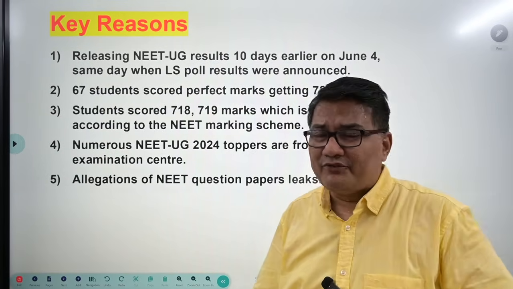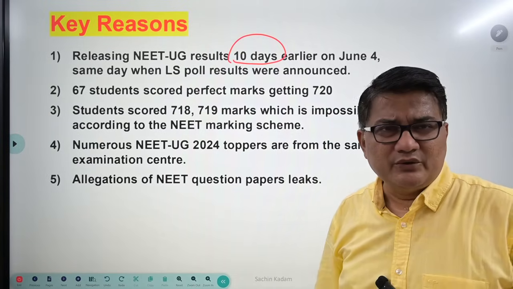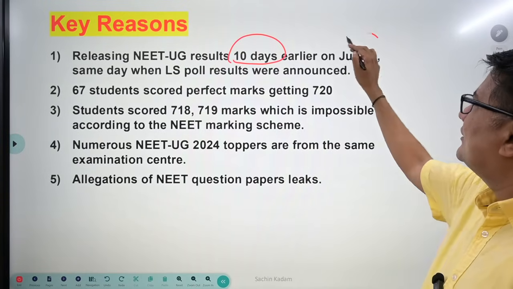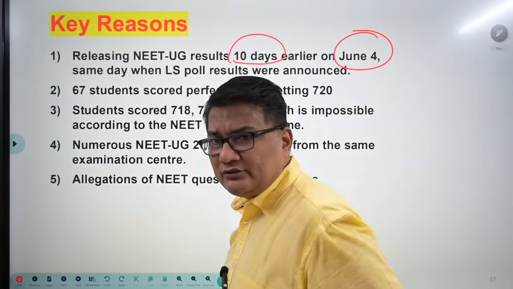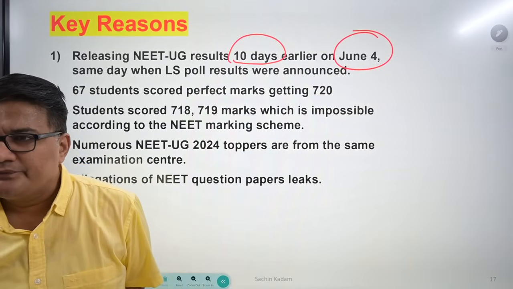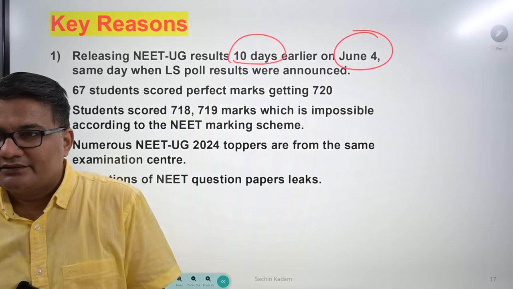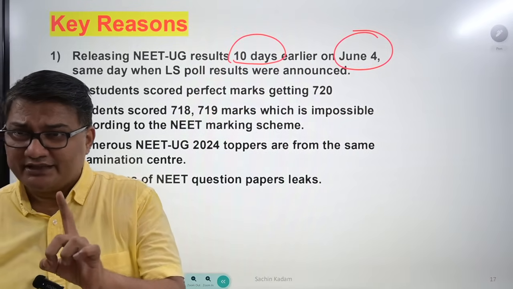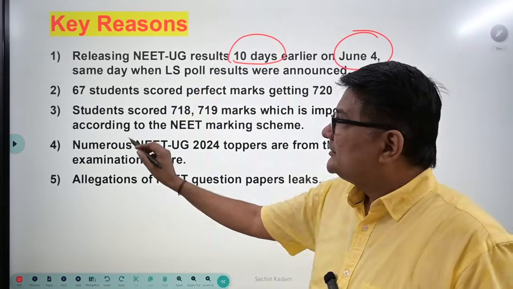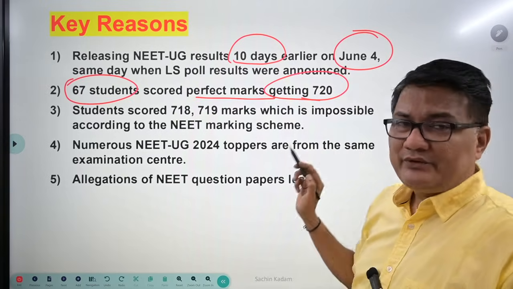Yes. First of all, they say the result was supposed to be declared on 14th. Why did they decide to prepone 10 days, and that too on 4th June when the Lok Sabha election results were supposed to be out? Now, don't you think, what was the need for it? So first thing was that. Second, 67 students scored perfect marks, getting 720.